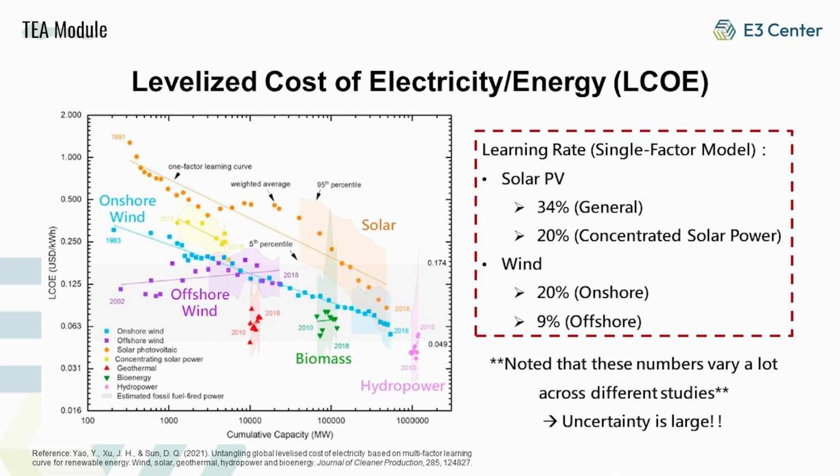We should note that these learning rates vary significantly across different studies, which indicates a high level of uncertainty in these estimations. Even so, the application of a simple one-factor or one-stage learning rate remains a crucial tool. It offers policymakers and investors valuable insights into the cost advantage of different renewable energy technologies.